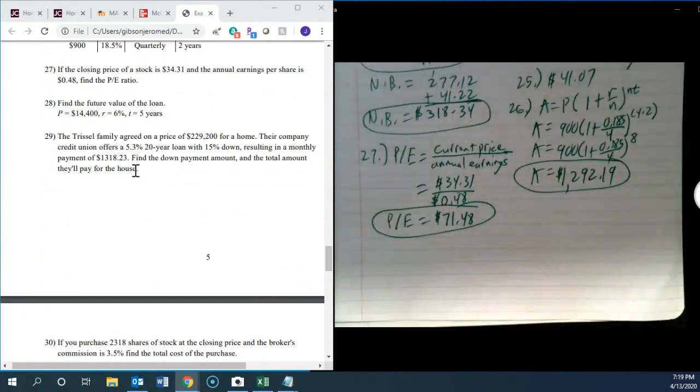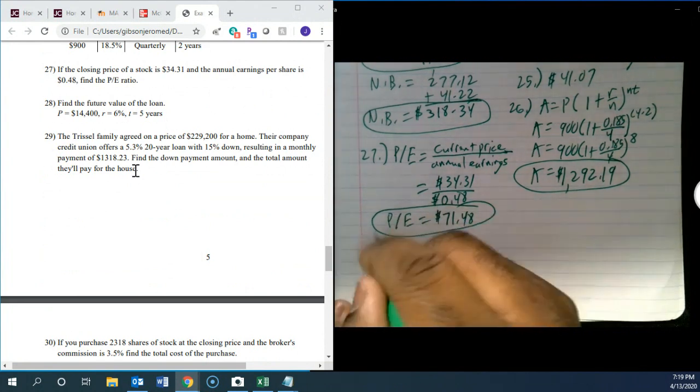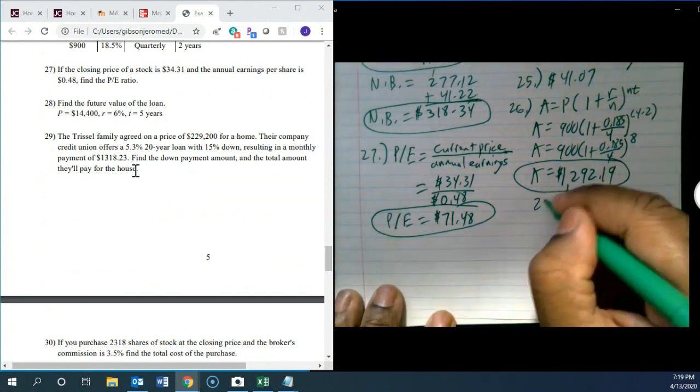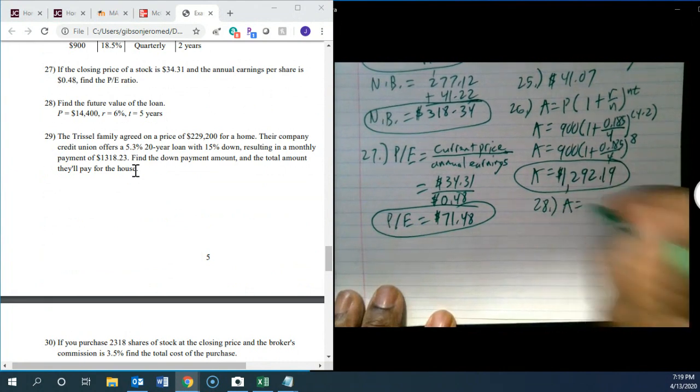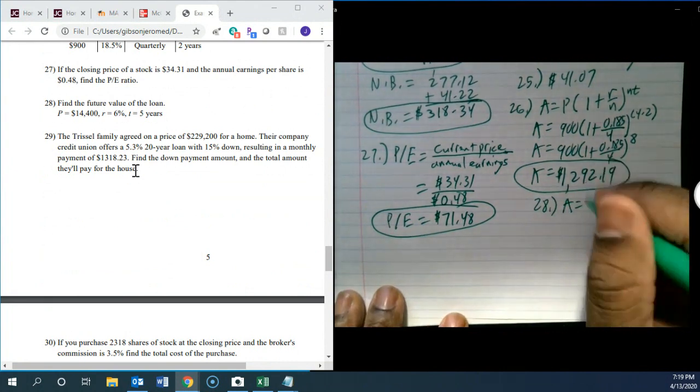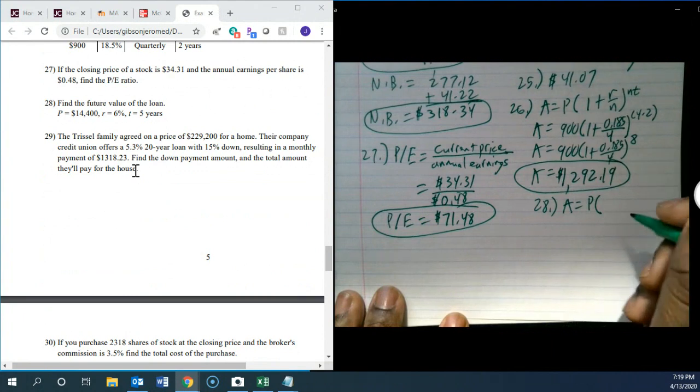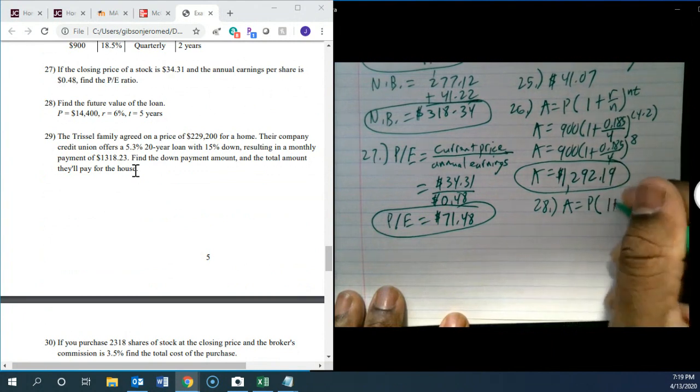Okay, now we come to problem 28. It says find the future value of the loan. Now, if you notice here, it does not have any compounding. So we would assume that this future value is simple interest. So it'd be A is equal to principal times 1 plus RT.